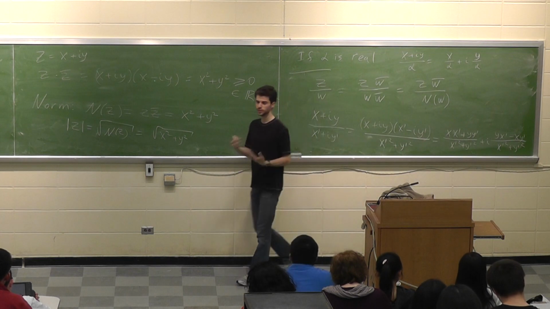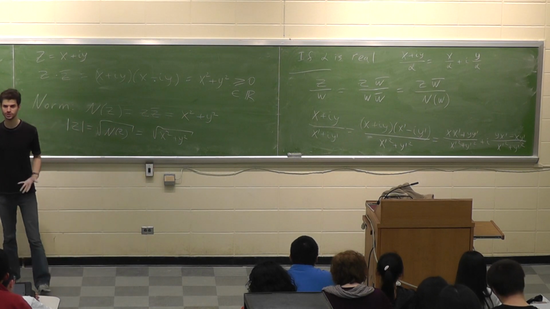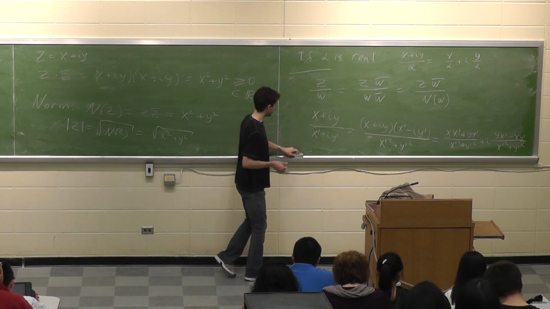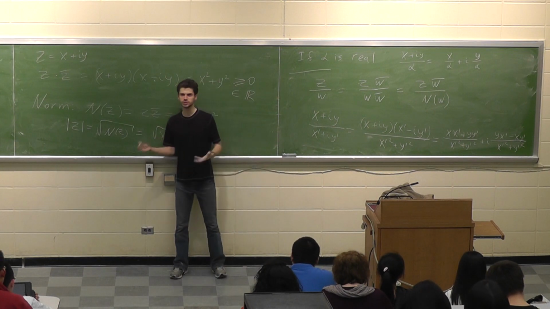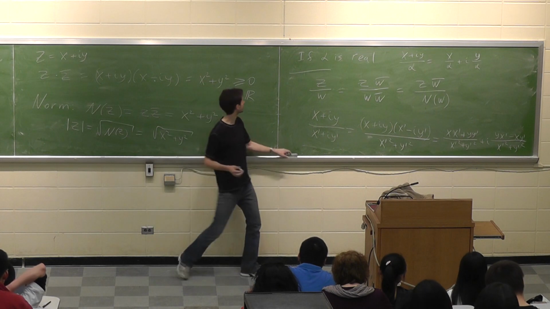So you can multiply the complex numbers, you can divide the complex numbers, you can do everything in complex numbers, all the arithmetic. You can take powers of complex numbers by just multiplying enough times.